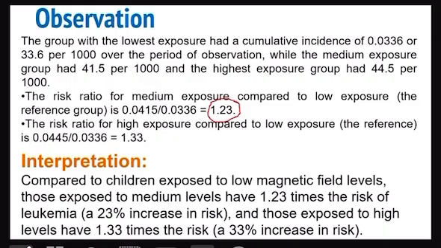So the risk ratio for medium exposure compared to low, with low as the reference, is 1.23. This is the interpretation: compared to children exposed to a low magnetic field level, those exposed to the medium level have 1.23 times the risk of leukemia. That is 23% higher. That's what I mean.